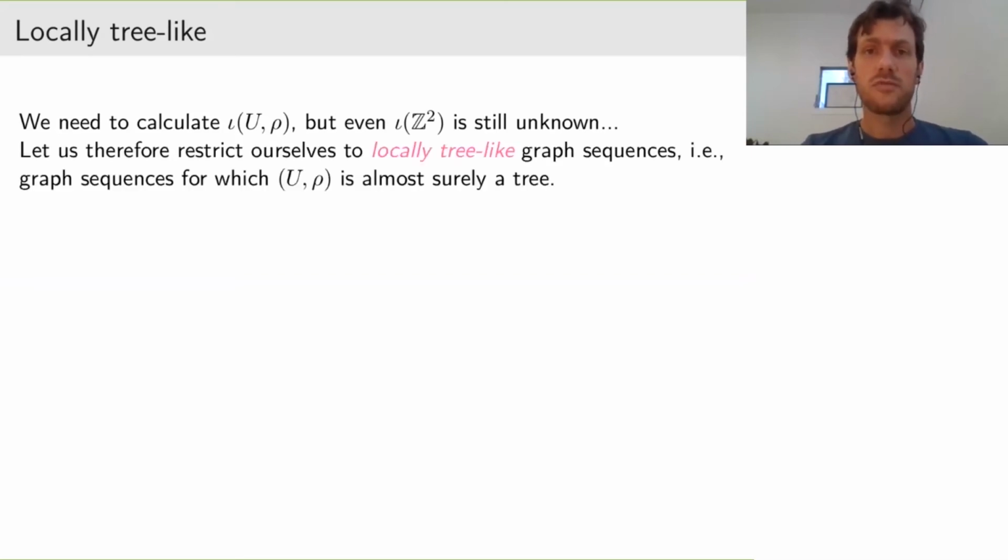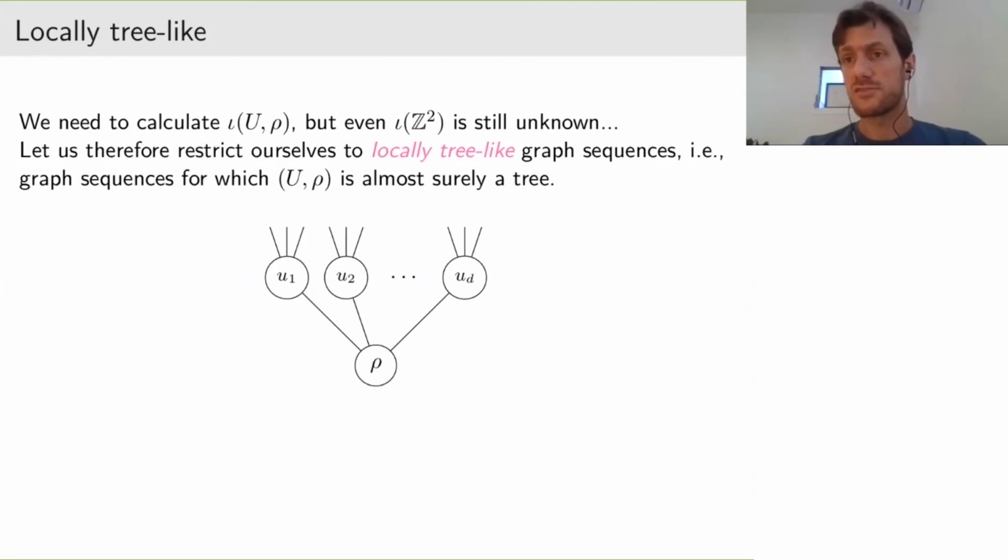So instead, we will focus on locally tree-like graph sequences, namely graph sequences for which the limit is almost surely a tree. And with trees, the situation is much simpler, because the root of a tree is going to be red if and only if none of its children is going to be red.